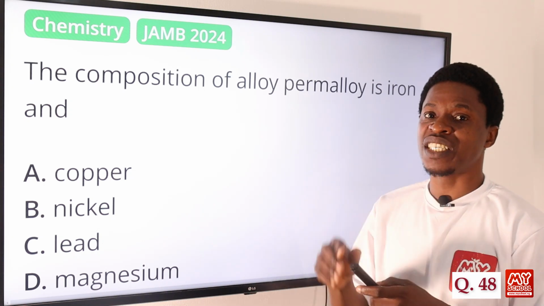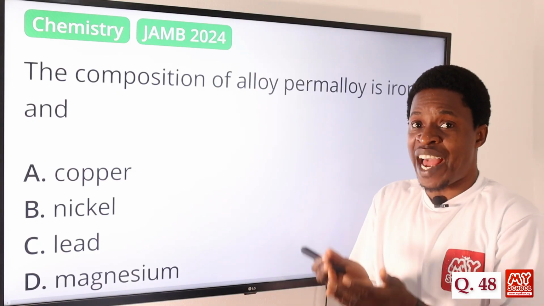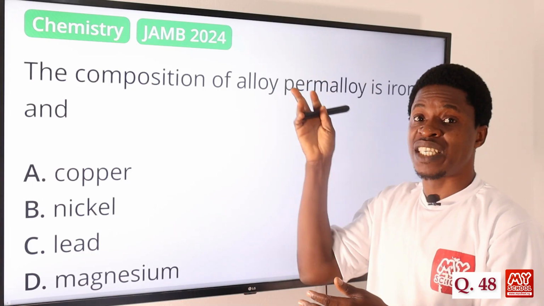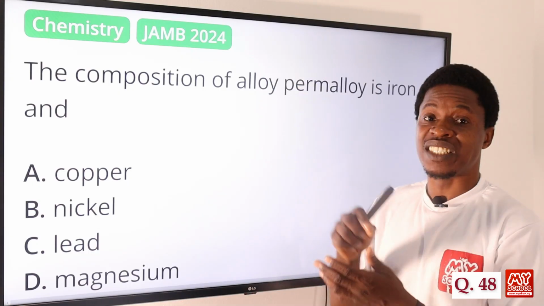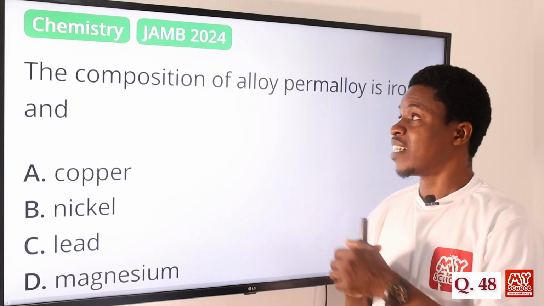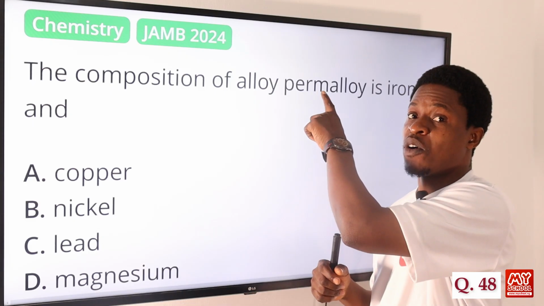It usually consists of about 20% of iron, but a larger percentage of that alloy is nickel. It has about 80% of nickel and 20% of iron.